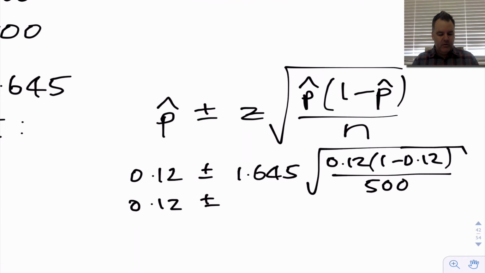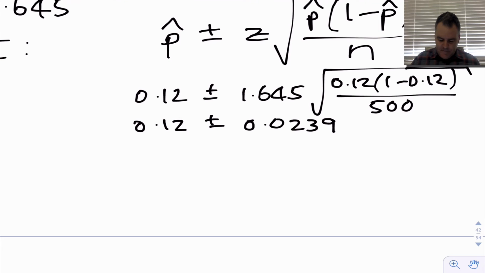So 0.12 times 1 minus 0.12, just do this one step at a time, gives us that. Divide by 500, gives me this. Square root that answer, gives me this. You could do this a quicker way on your calculator if you like. Times 1.645 gives me that. So it's 0.0239.